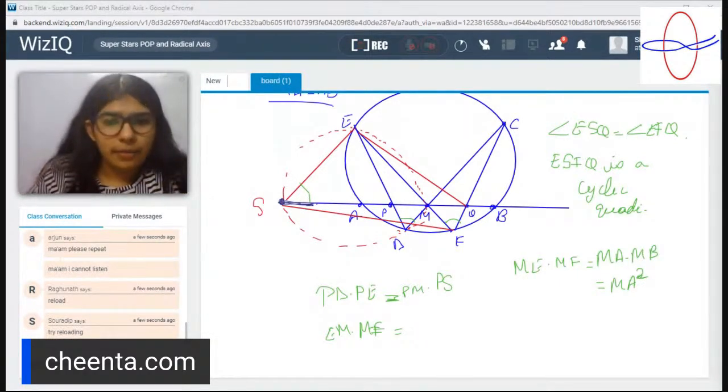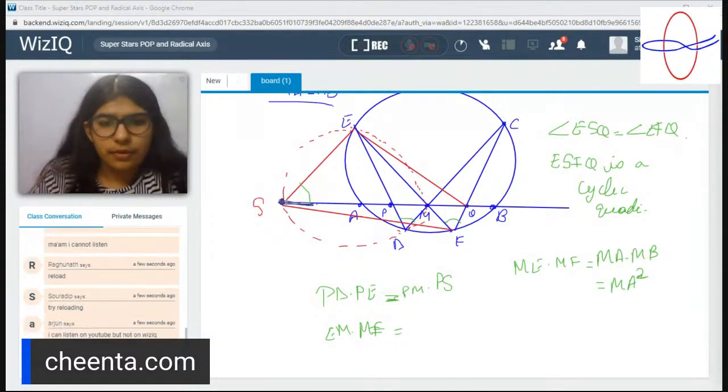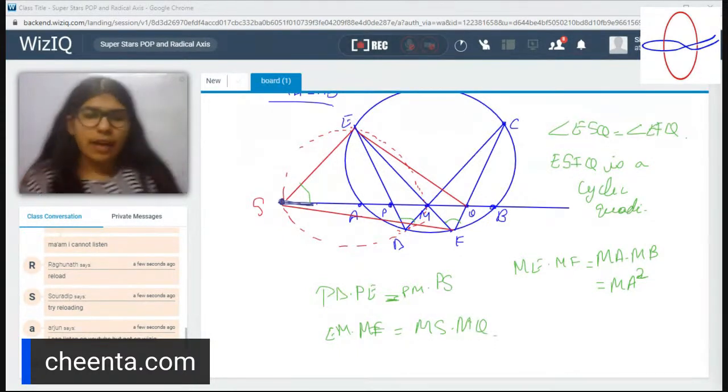PM into MF is equal to MS into MP. So try, yeah, so reload this.